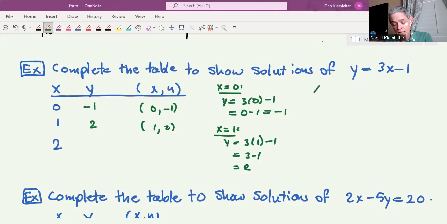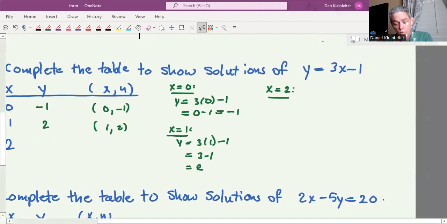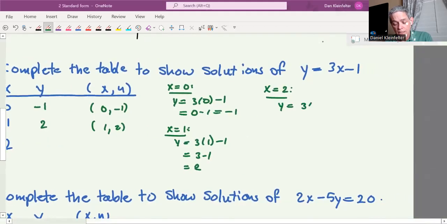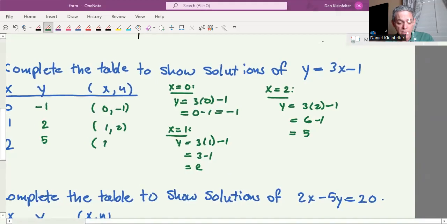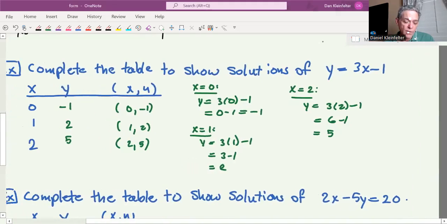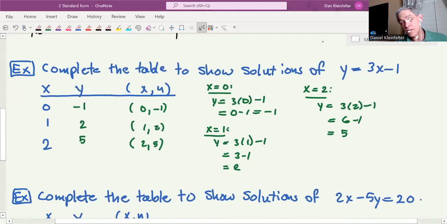Lastly, when x is 2, y will equal 3 times 2 minus 1. That's 6 minus 1, or 5. Our y value is 5, and so our pair is 2, 5. Solutions to linear equations in two variables are pairs of numbers, x and y.